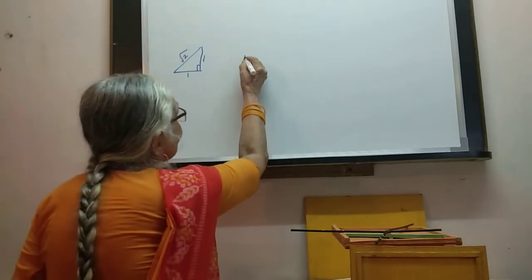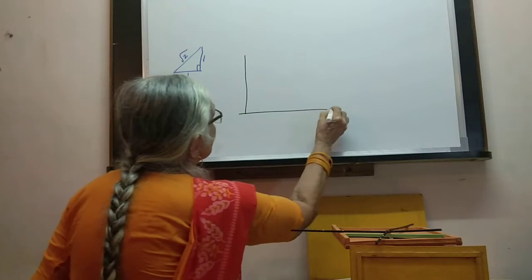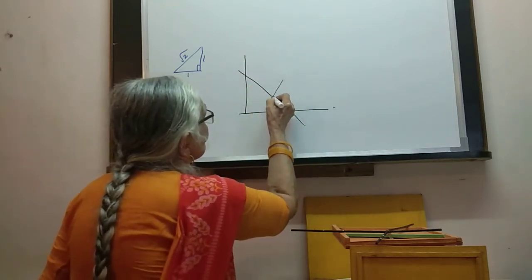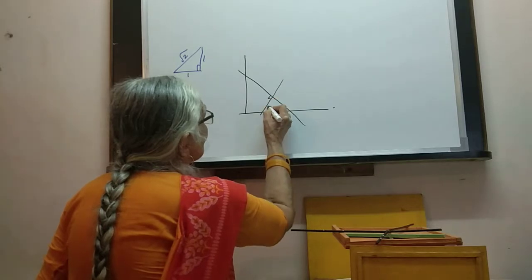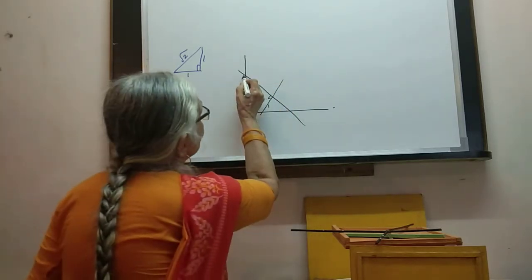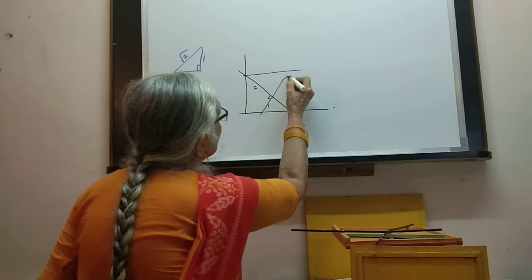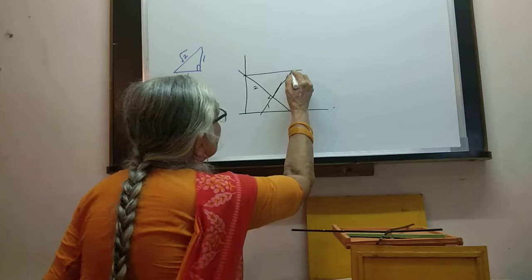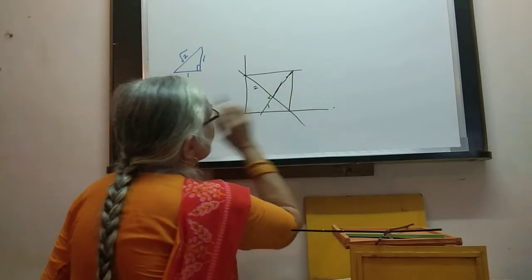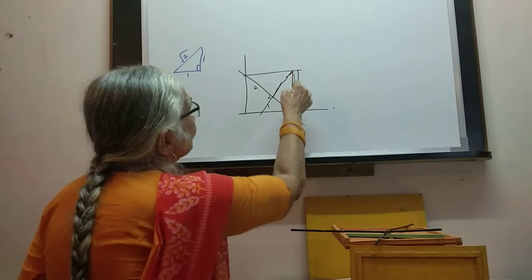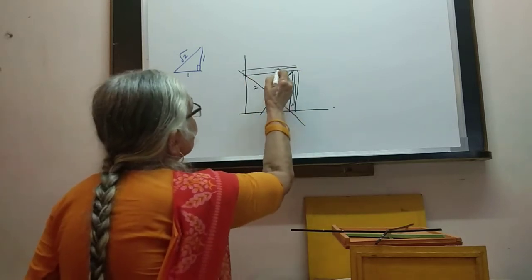Our model was something like this. This was 1, this was 2. And this was the green strip here, and this was the green strip here.